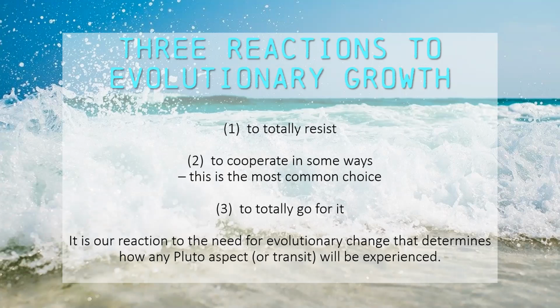Or we can make a choice, which is by far the most common, to cooperate in some ways, and in other ways not cooperate. Say I'll change in this way, or I'll change this much, but not in other ways. And then the third, which is to totally go for it, and that's also not common, but especially when experiencing Pluto aspects that are more difficult, or even Pluto transits, times that are most difficult, trying to motivate oneself to take a stance of doing whatever needs to be done during that period.